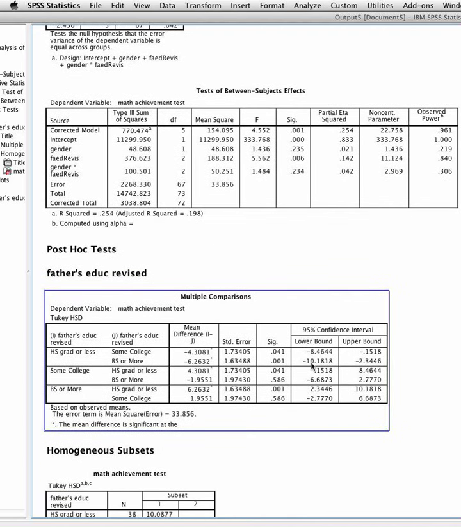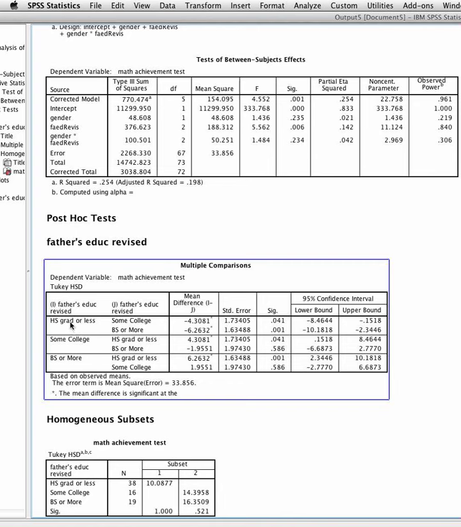In terms of the post-hoc tests, we can see that students whose fathers had a high school diploma or less scored significantly lower than those students with fathers who had some college or students whose fathers had a BS or more. And you can see that the mean difference for the first comparison is a little over 4, and the mean difference for the high school grad or less compared to BS or more is a little over 6.